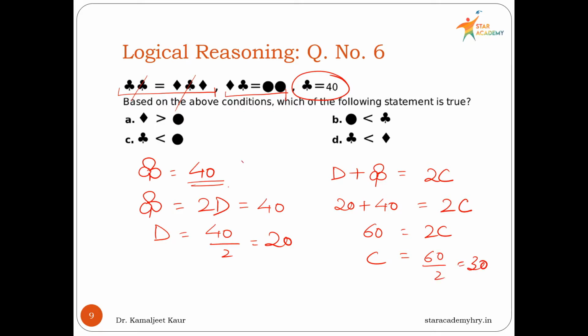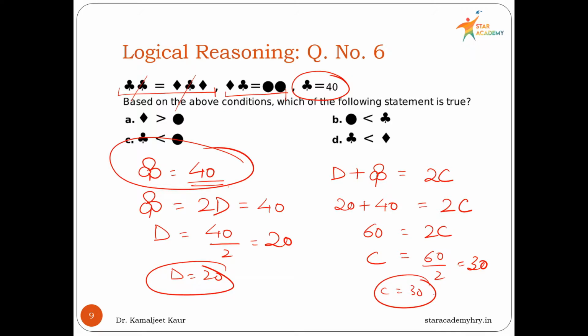So now we know the value of each one of these. D is equal to 20, C is equal to 30. So now we can write them in order: club has the greatest value, then we have the circle, and then we have the diamond with the lowest value. So simply we need to find out, based on this, which of the conditions is true.